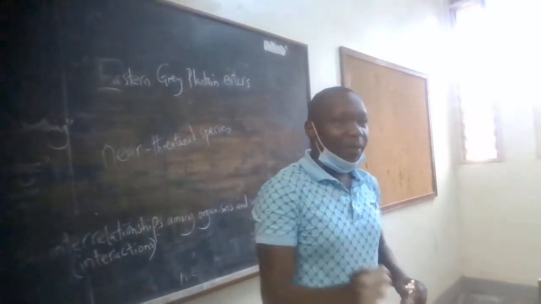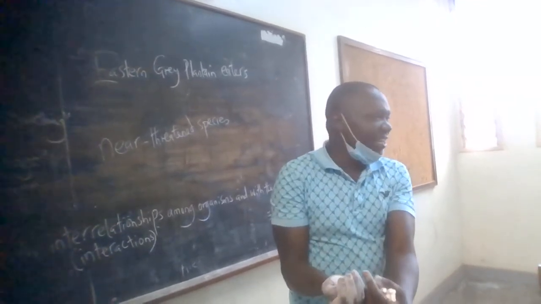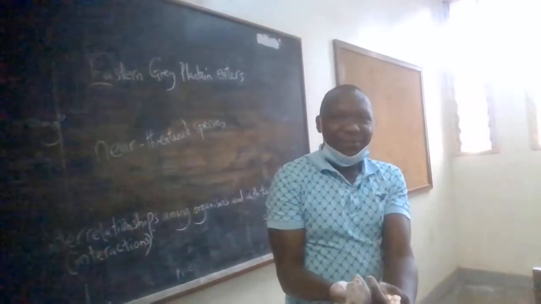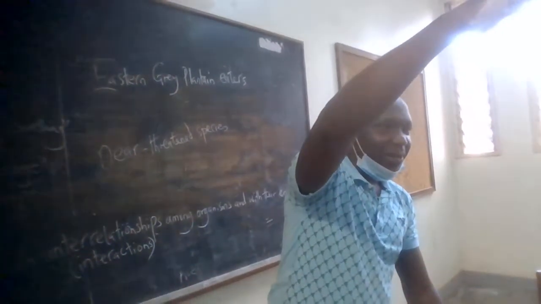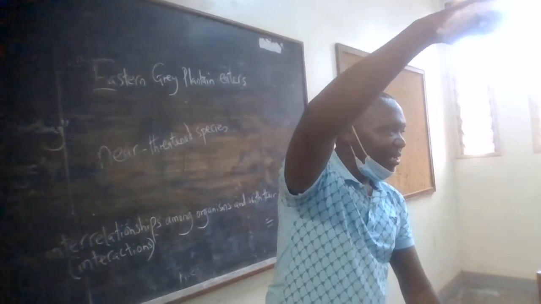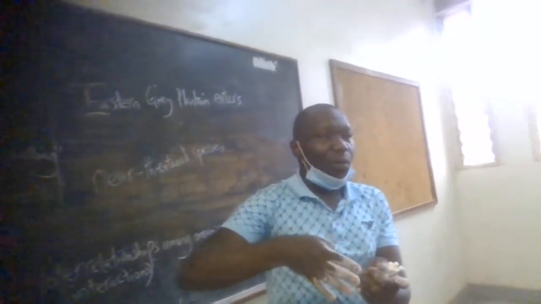Area. That channel connects a certain lake here in Uganda. They call it Lake what? Edward. Lake Edward. And the other lake, the other side, is called what? George. Lake George.